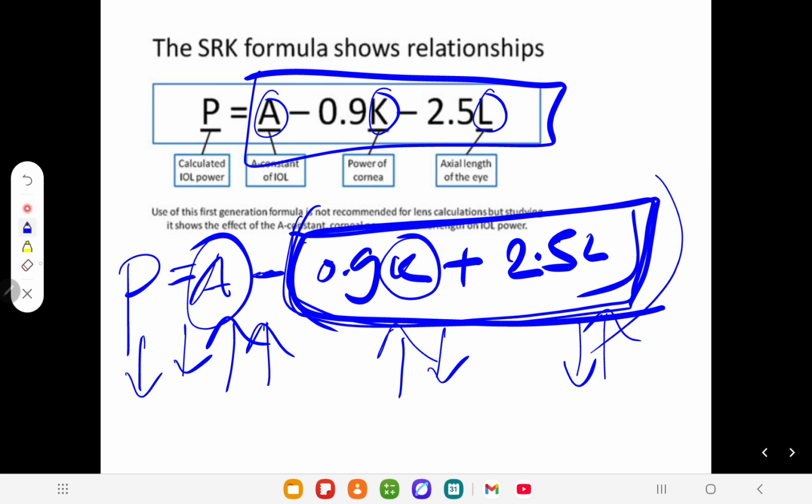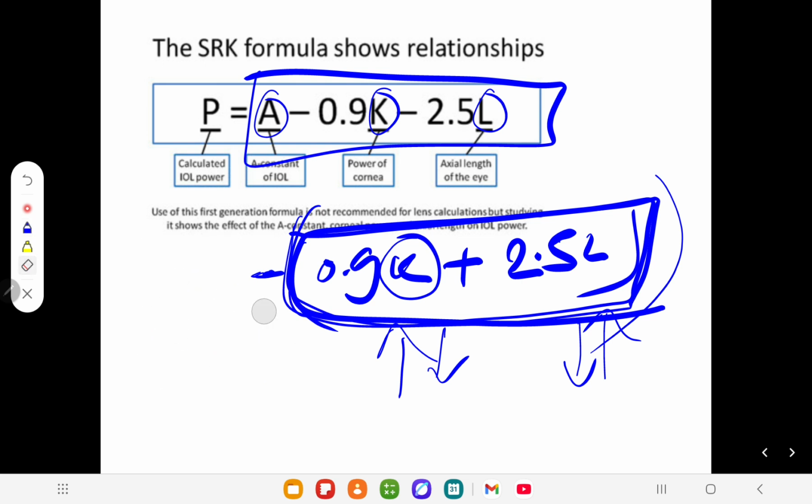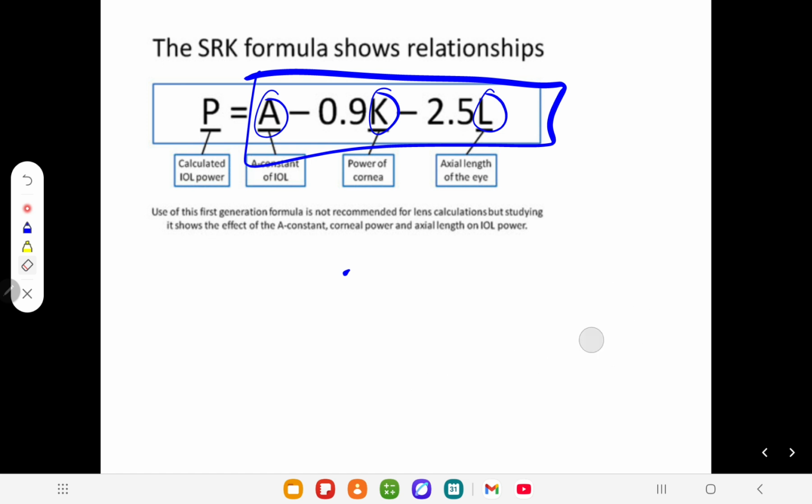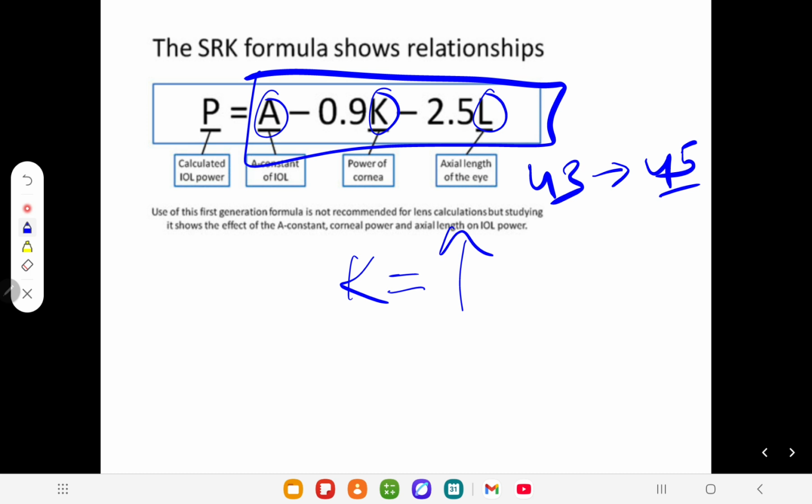Then can we simply say, whenever you are doing your biometry, what happens if you get a patient with steeper K? Steeper K means one patient has 43 and another patient has 45. Can you say 45 K means smaller IOL power?